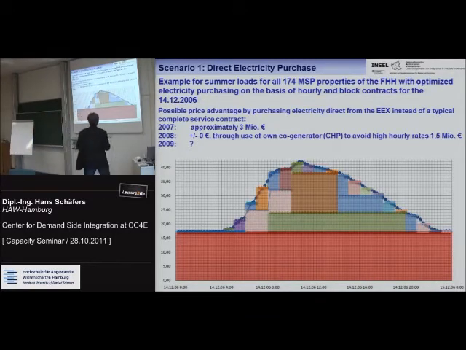You could still, in a year like that, save a lot of money. 1.5 million euros we found out that could have been for 2008 if it was only avoiding a couple of hours with a limited capacity. Because this virtually doesn't cost you anything. It's not really for free, but it's very, very cheap, right? And then it's getting more and more expensive the more you get to the peak load hours.